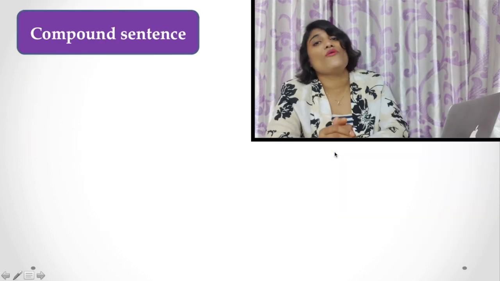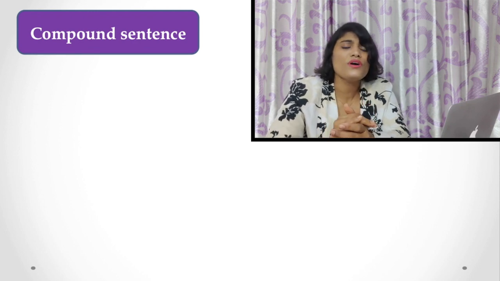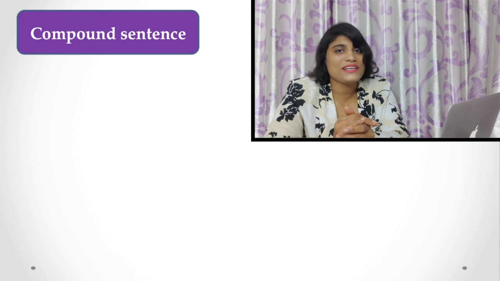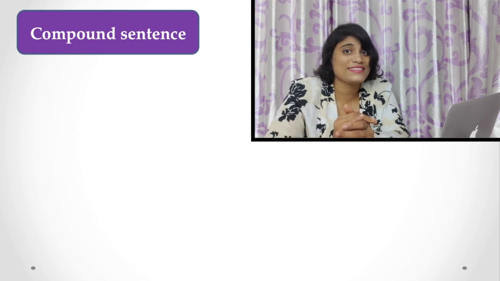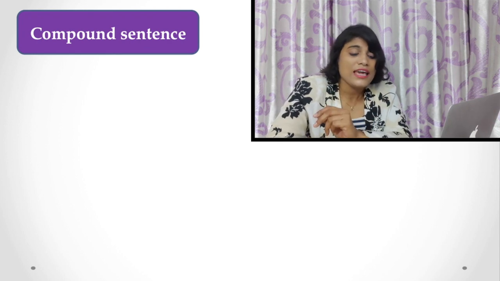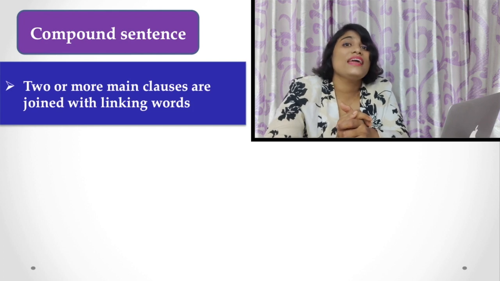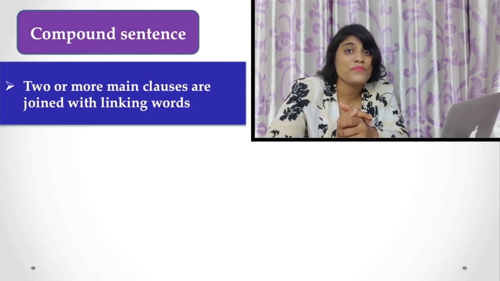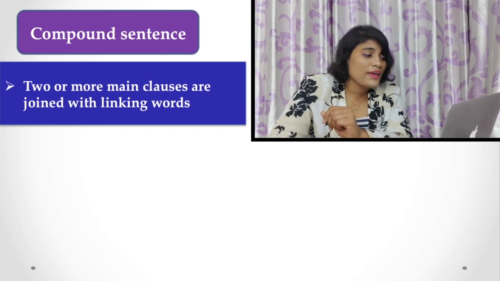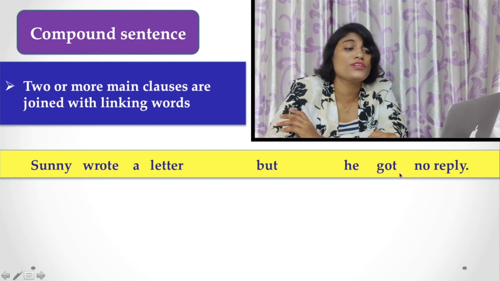Now, I am going to tell you about the compound sentence. Simple sentences and complex sentences are easy for you to understand. A compound sentence is even easier to recognize, because in a compound sentence you find two or more individual clauses or main clauses joined with linking words like and, but, or, etc. Here is an example for you: Sunny wrote a letter but he got no reply.